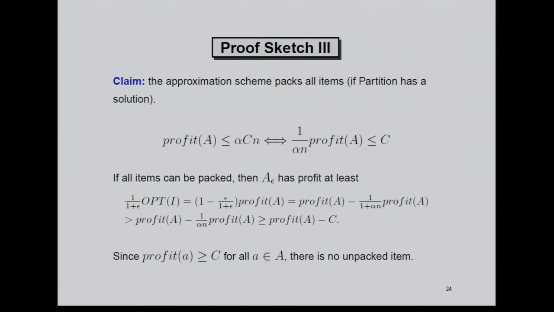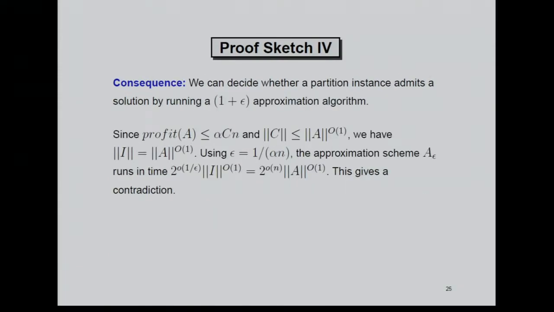So now you have to use the running time. We can decide whether the partition instance has a solution by simply running the 1 plus epsilon approximation algorithm. What's important is, by these two bounds, you can prove that the input length of your restricted version is also bounded by the input size of your partition problem by some polynomial.